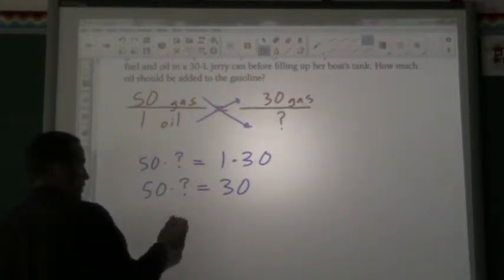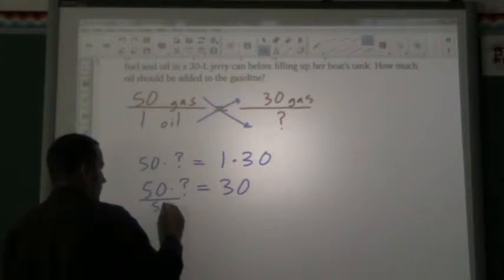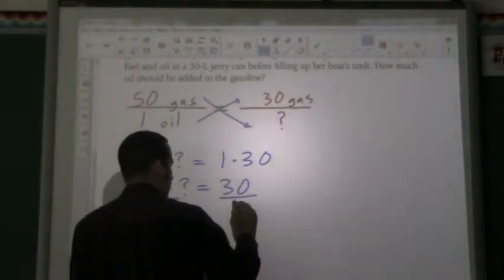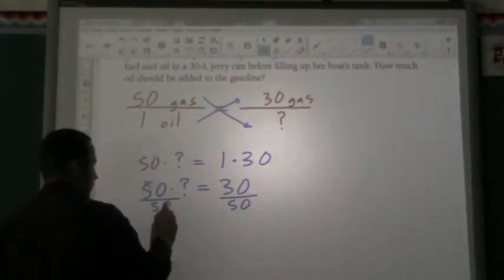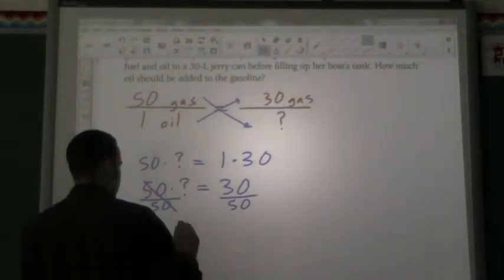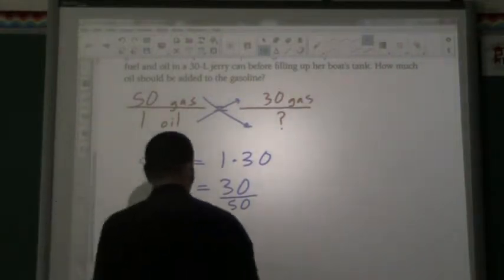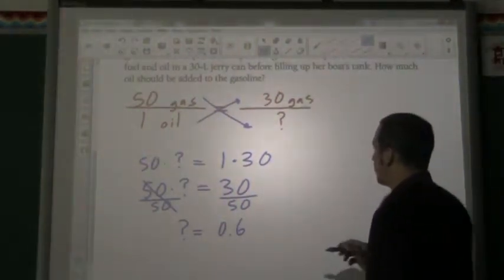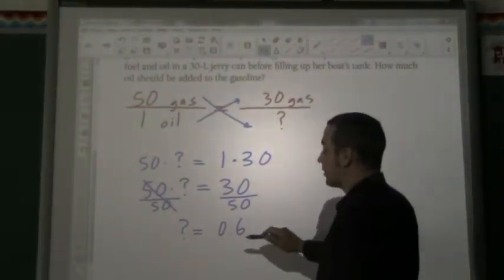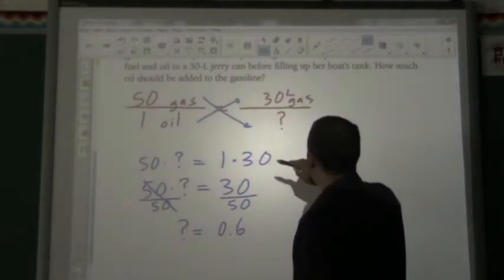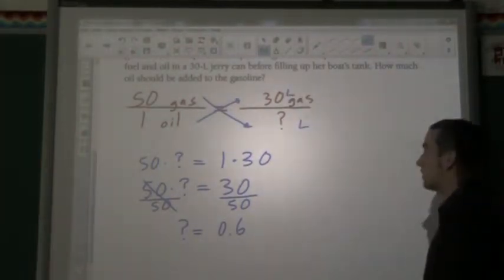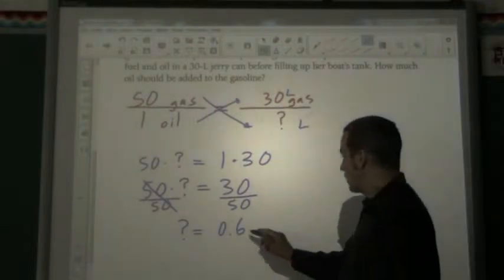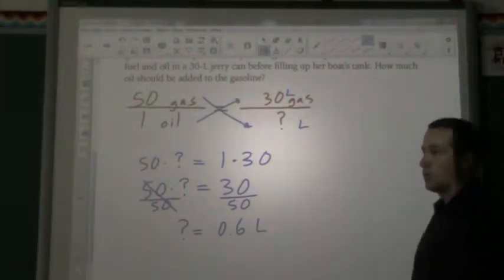Right now there's a multiplication in there, so if I divide this side by 50 and divide this side by 50, this will cross out, and I'm left with the question mark being 0.6. Now I can go back to my original thing to see what my units are. I had 30 liters of gas up here, so I would be looking for how many liters of oil I need. So I need 0.6 liters of oil.